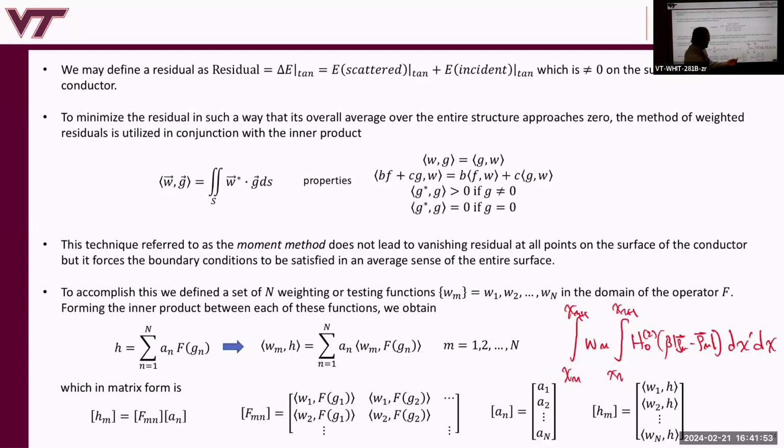So now this is what we had before. Now we're multiplying by a weighting function, integrating over that domain as well. So the integrations become double integrations, right?